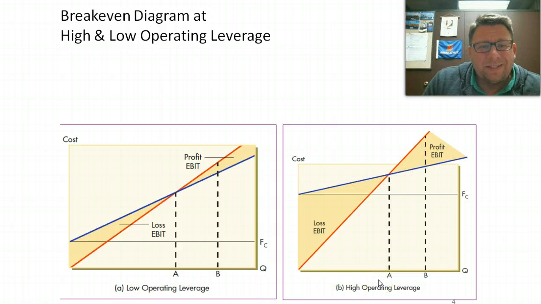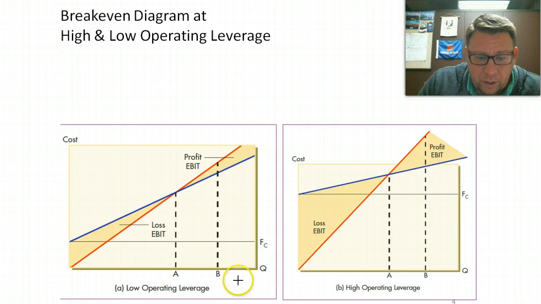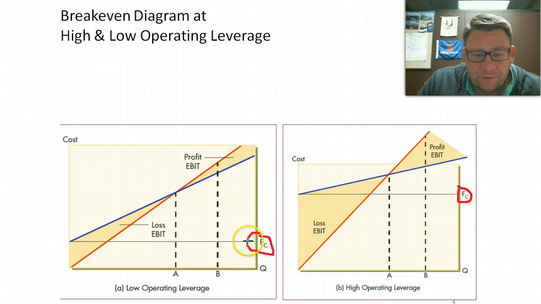By the way, what makes a firm high or low operating leverage tends to be this item right here, fixed costs. Notice that the lower operating leverage has much lower fixed costs. The higher operating leverage has much higher fixed costs.